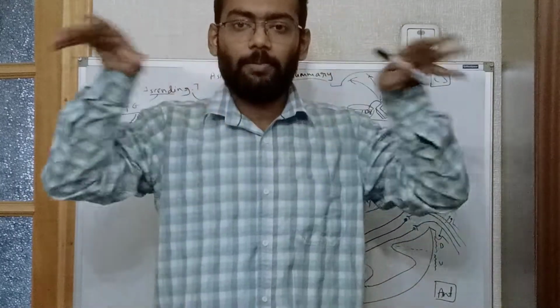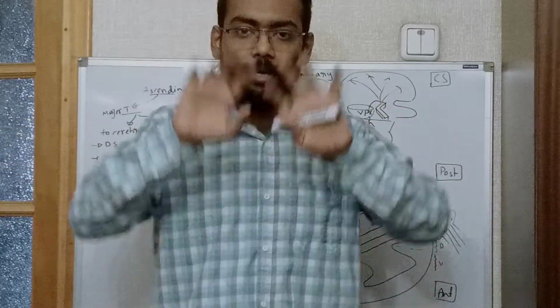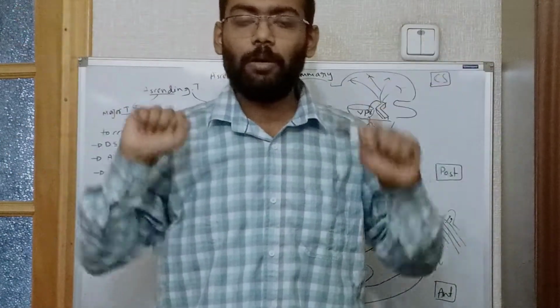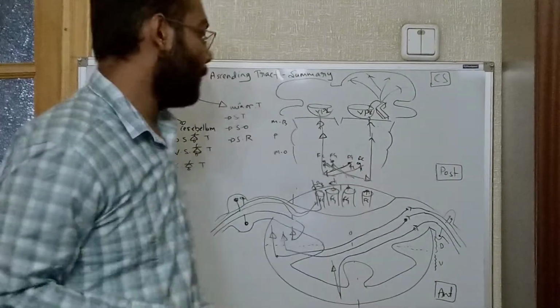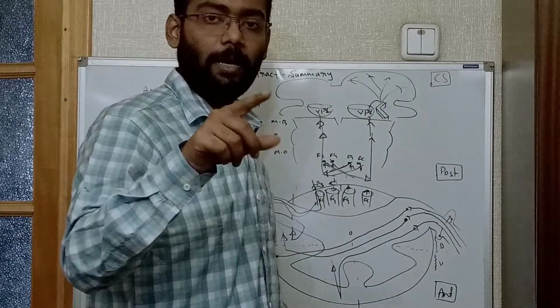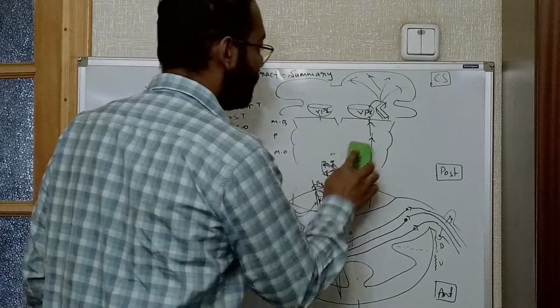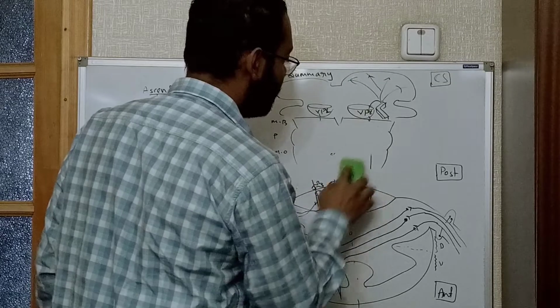The ventroposterolateral nucleus, then spread to where? The posterior limb of the internal capsule, then radiate to the primary sensory cortex. So we are done with our dorsal column tract.